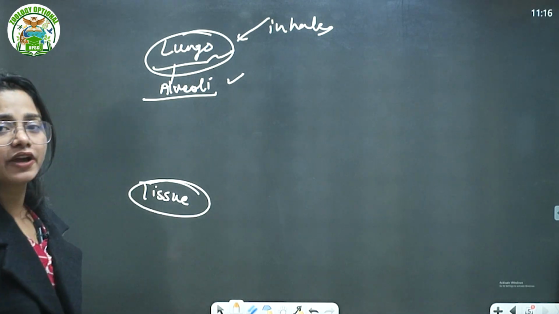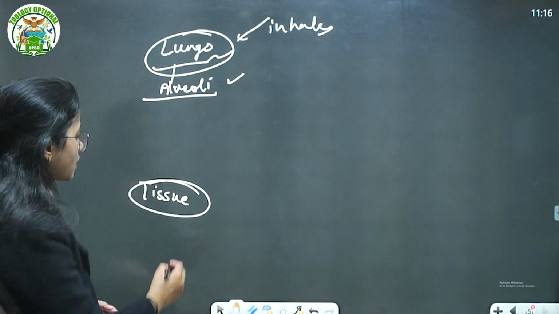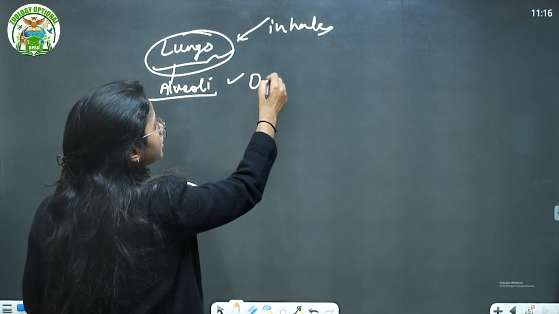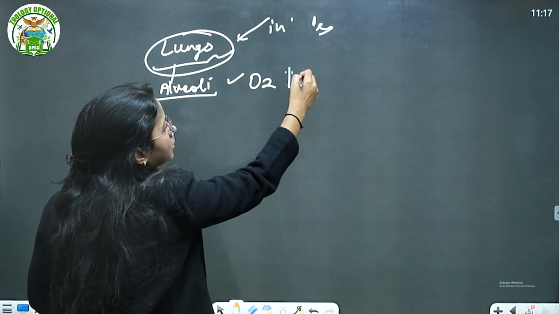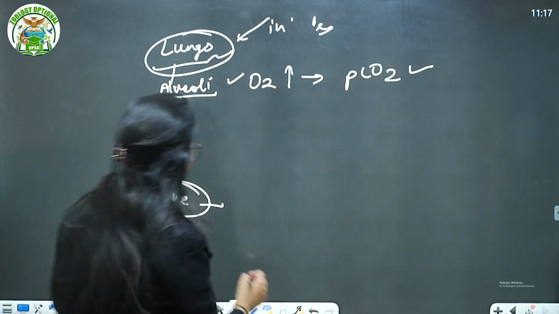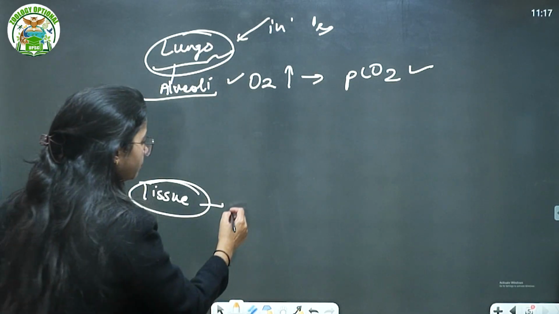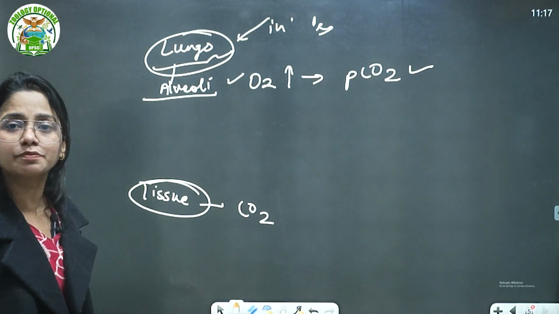where through the various metabolic activities the CO2 is produced, okay. Here the oxygen is very high because we are inhaling. But through the various metabolic activities, the carbon dioxide is produced.